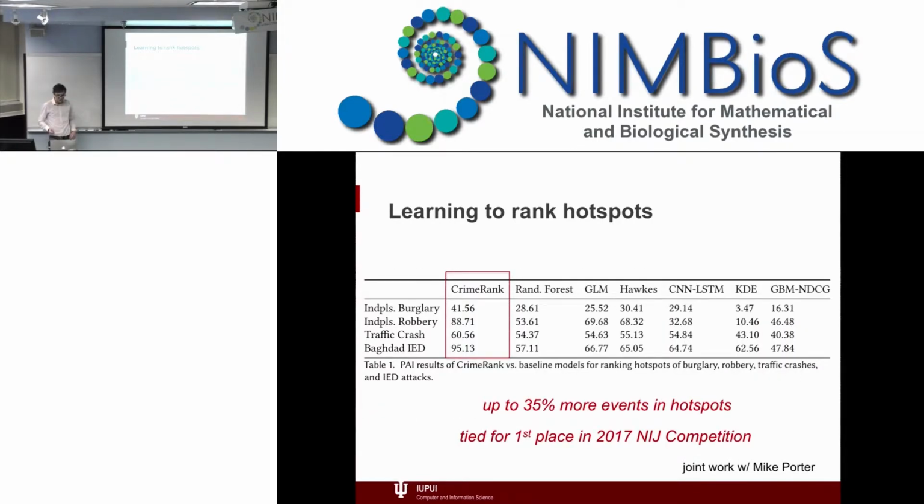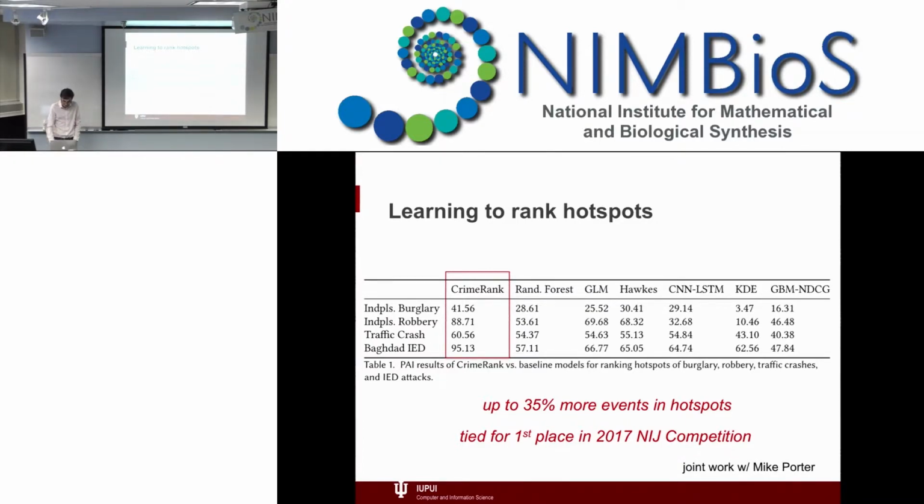So putting all this together, where you learn to rank these hotspots and you mess with the polygons you're using to capture crime in them, you could actually get up to about 35% more events in your hotspots. This method we use, this is joint with Mike Porter at Virginia. This method was tied for first in this competition, or a sub-method that we used for that, within the rules of the competition.